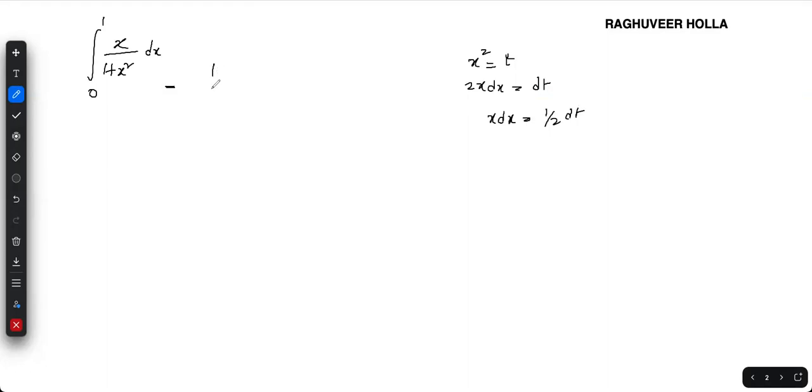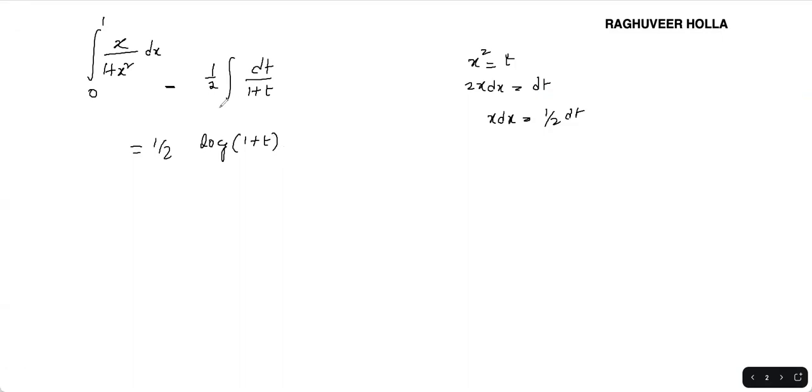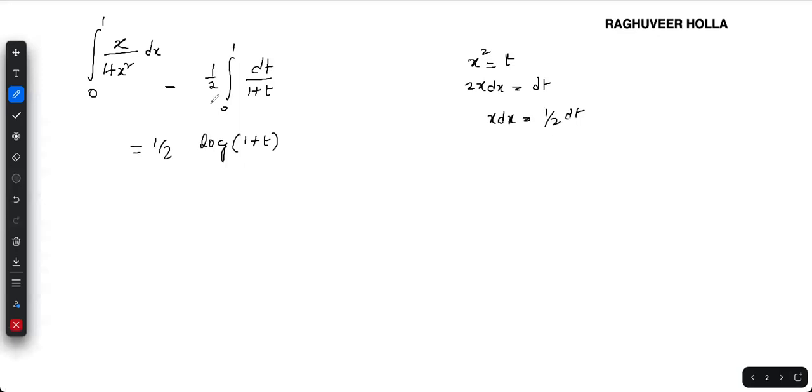So this is 1 by 2 integral dt by 1 plus t. This is half of log of 1 plus t. So let us replace that: from 0 to 1, this is half log of 1 plus x square, which gives half log 2.